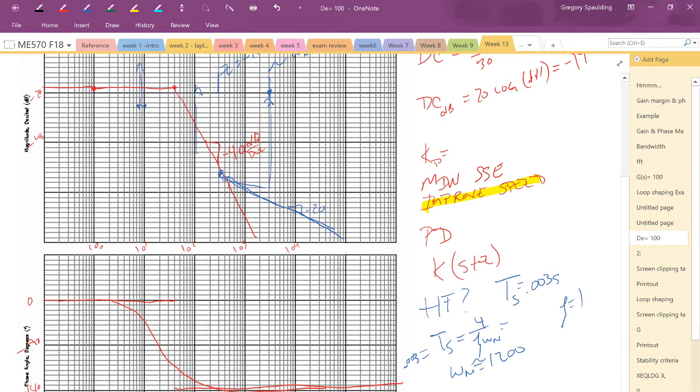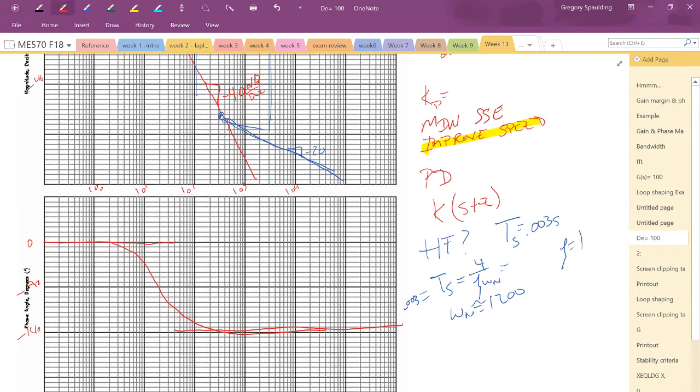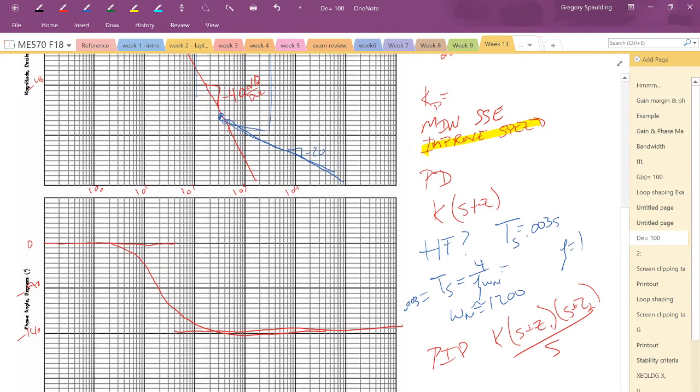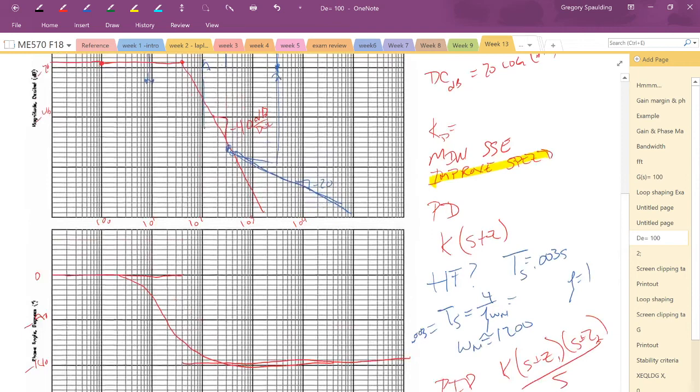If we're improving speed and minimizing steady state error, what we're going to be implementing at that point is a full PID. And if you remember, PID is going to be a gain, S plus Z1, S plus Z2, and a free integrator. So we've got a gain, 2 zeros, and a free integrator.